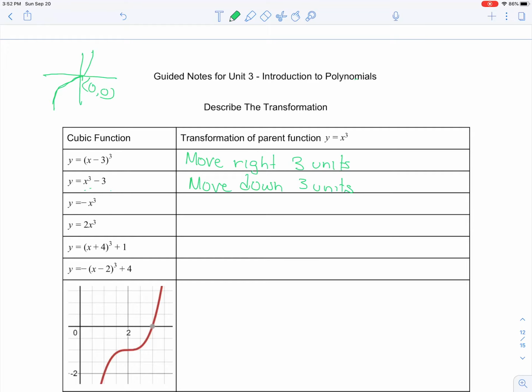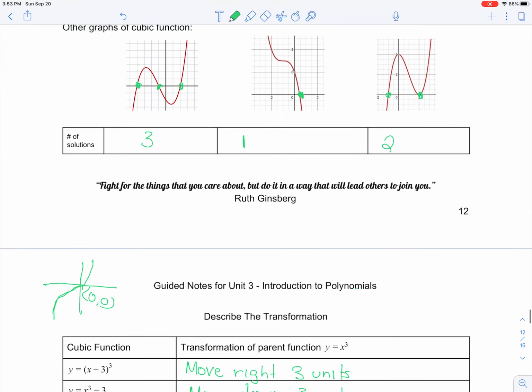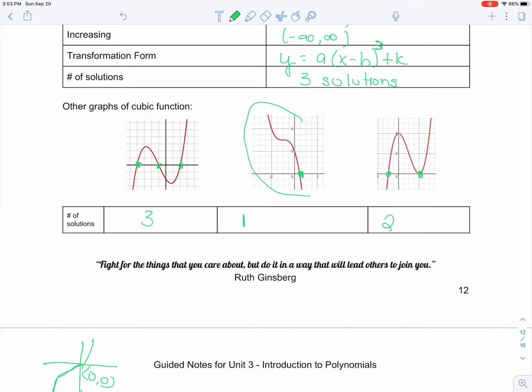So what would y equals negative x cubed do? Remember that anytime you have a negative on the outside, that's going to be a reflection about the x-axis. To give you an example of that, that's what this one looks like. This one was also a reflection.